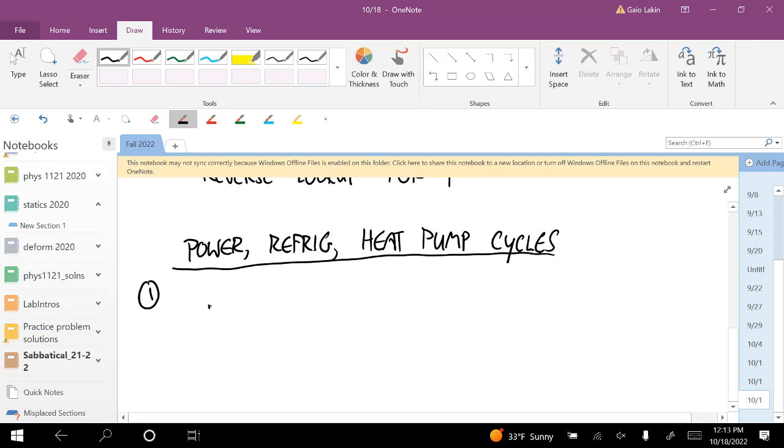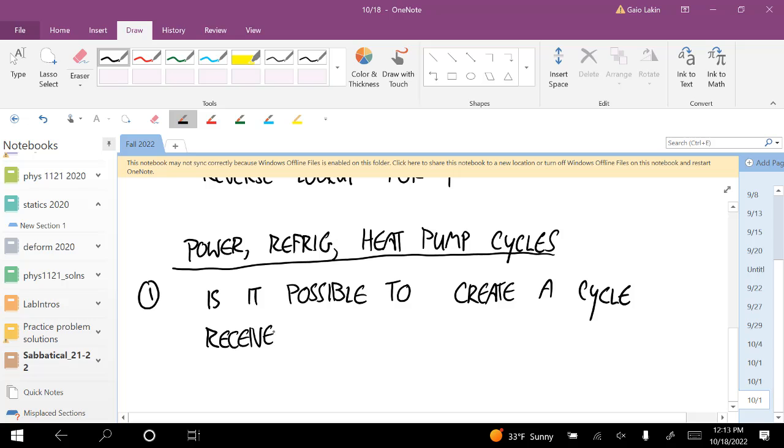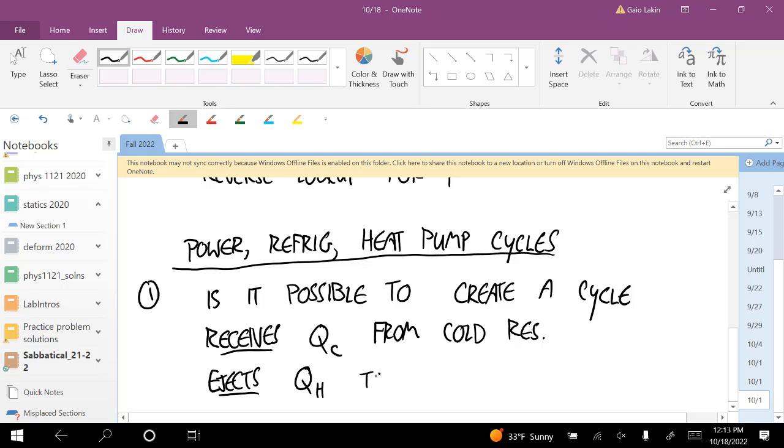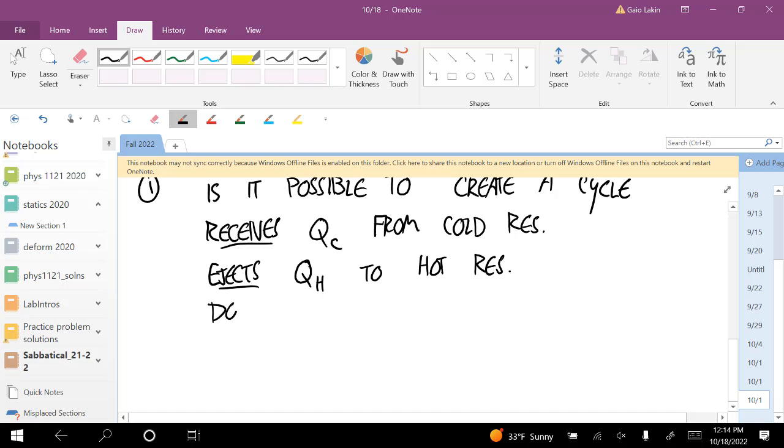Is it possible to create a cycle that receives energy QC from a cold reservoir and ejects heat QH to a hot reservoir and does work on the surroundings.